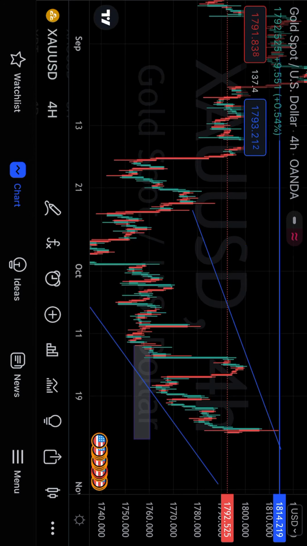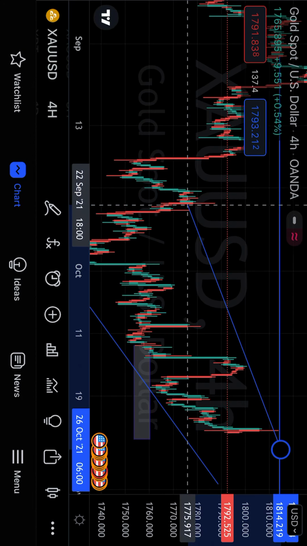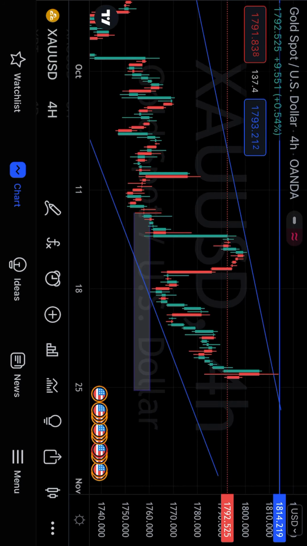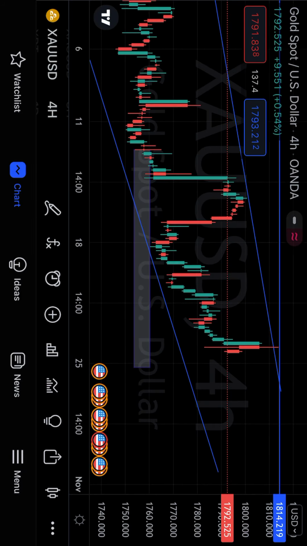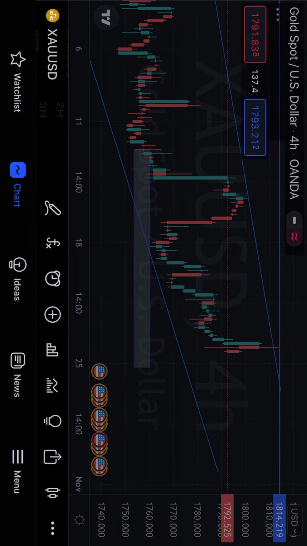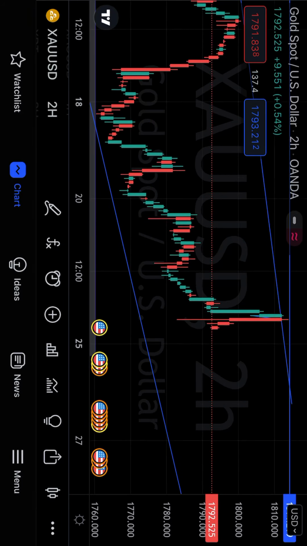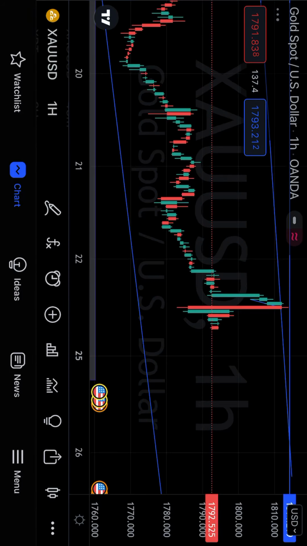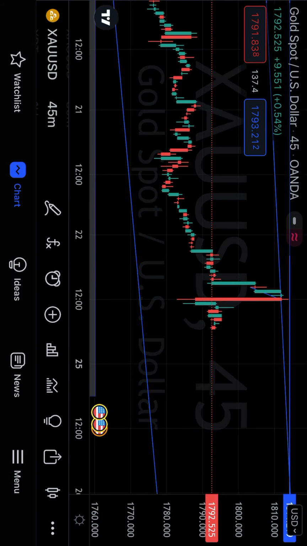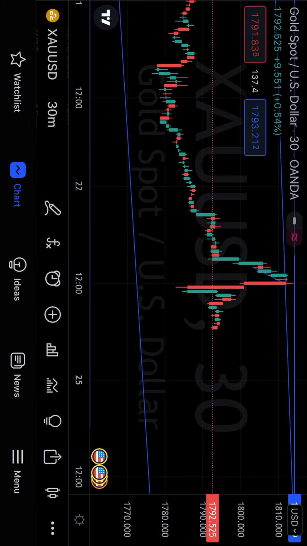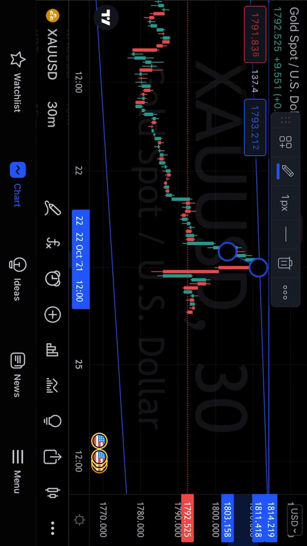To get our entry, we need to go down to a lower time frame, right? Something like the M30. So on M30, what are you seeing?